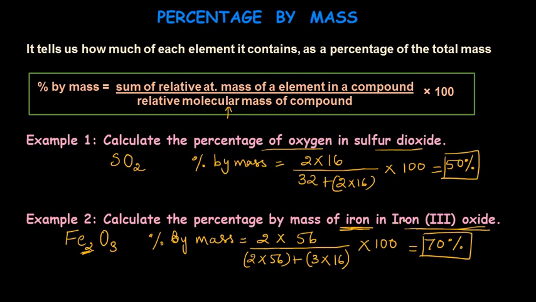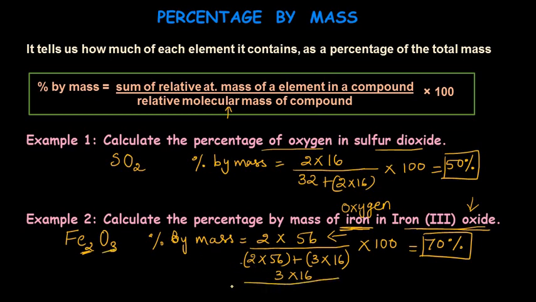In the same question, we can also calculate the percentage by mass of oxygen using the same formula, but in that case, in the numerator we should have the relative atomic mass of oxygen. So if we are supposed to calculate the percentage by mass of oxygen, then in the numerator we will have 3 times 16 to get the relative atomic mass of oxygen.